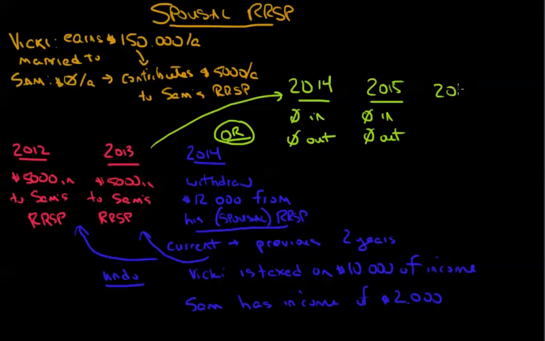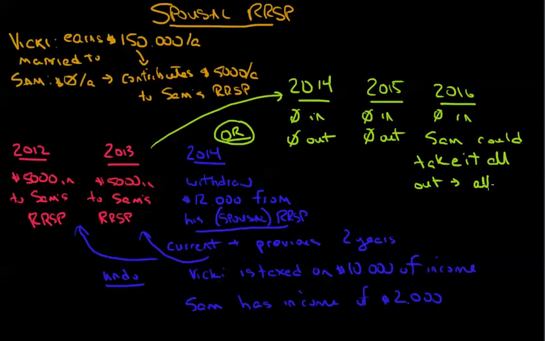And then in 2016, this is the year when, if we have nothing go in, Sam could take it all out, and all tax consequences would be Sam's now.